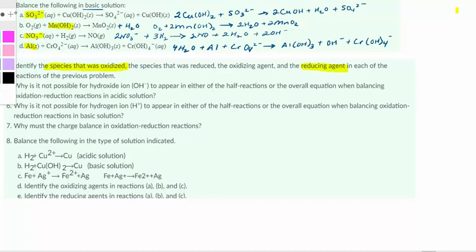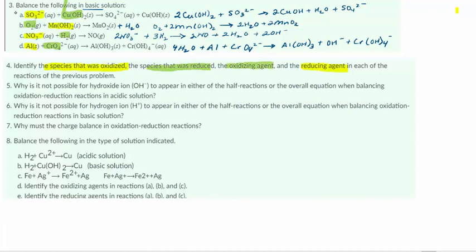So you can double check that way. Now that means the other reactant in each of these reactions, I suppose, is the species being reduced. So that is the oxidizing agent.